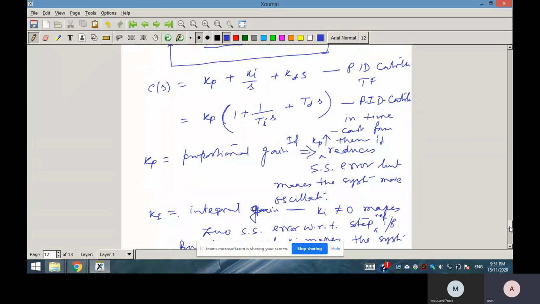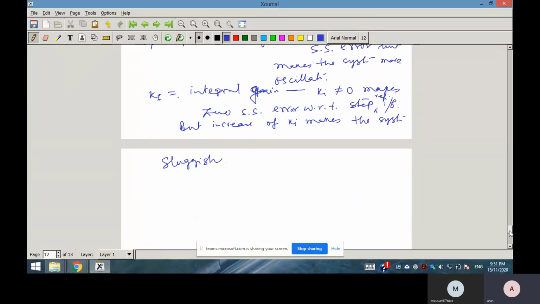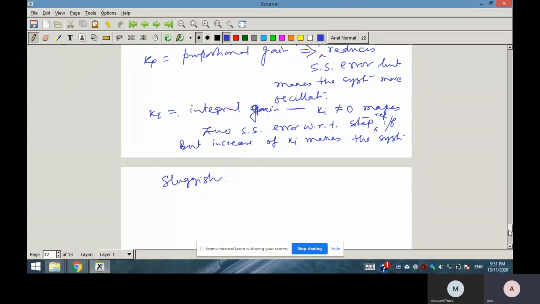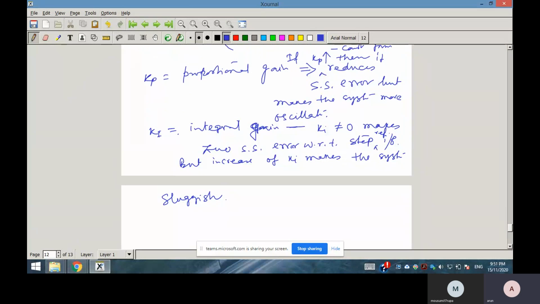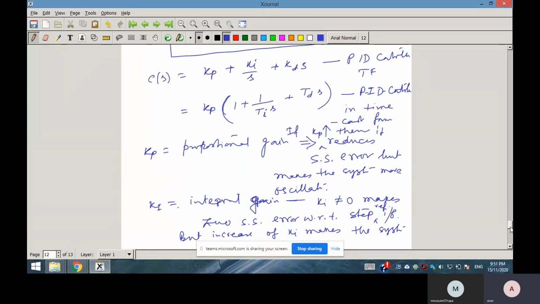You are adding an additional pole to the system. If you increase Ti, the integral time constant, what are you doing?